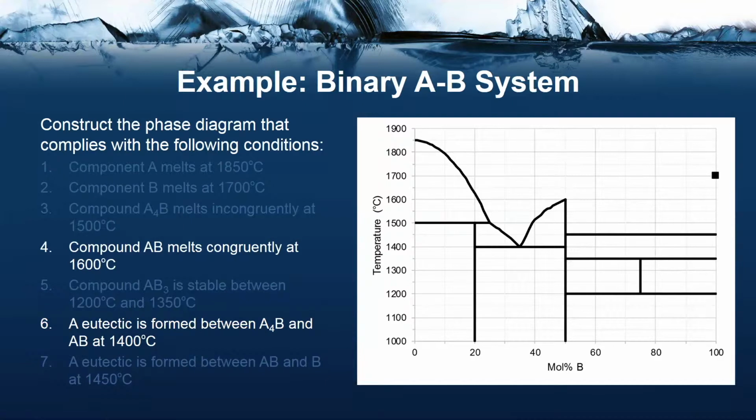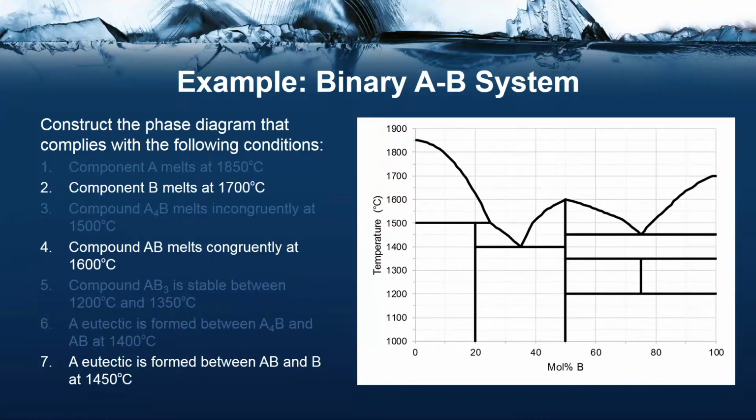In order to complete the liquidus line, we consider that the melting point of B is at 1700 degrees Celsius, that AB melts congruently, and that this eutectic between AB and B is formed at 1450 degrees Celsius. Based on this, we can draw this typical surface of the liquidus line in connection to the eutectic.